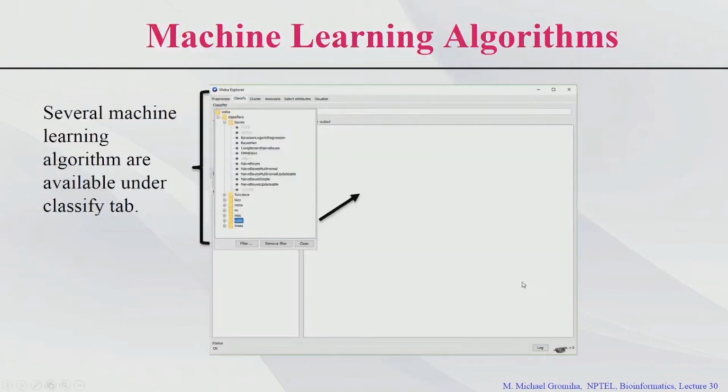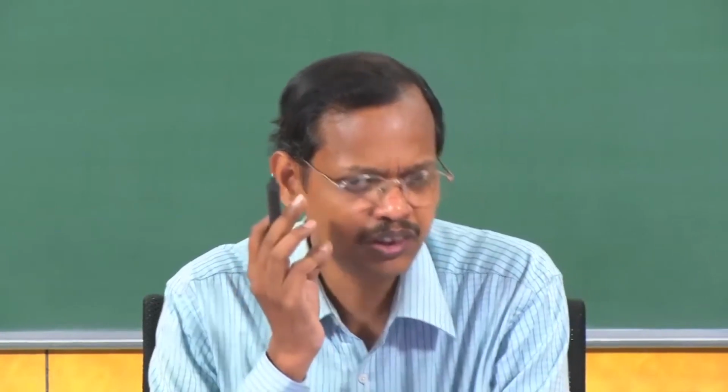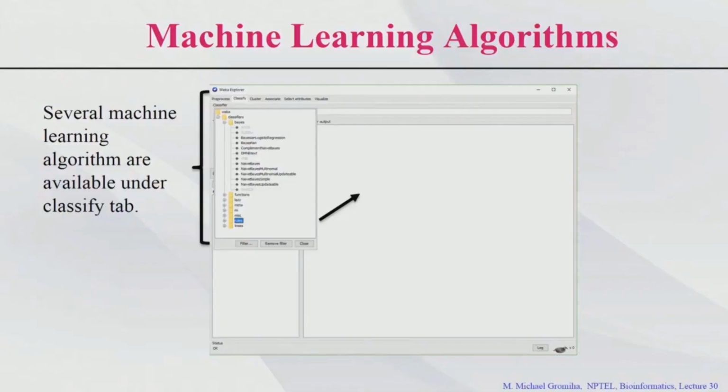Now the next question is that you have to choose the algorithm. We set the problem, we collected the features, we gave the features. Now we need to choose a method. Various methods are available in the Weka platform. Broadly they are classified as bayes, functions, meta, rules, trees and so on.